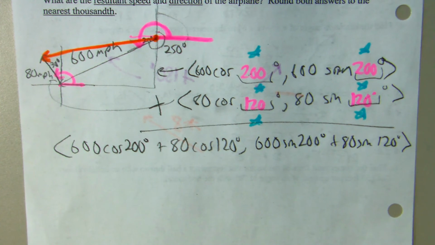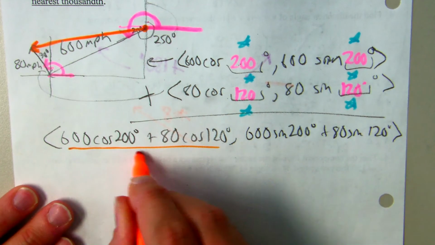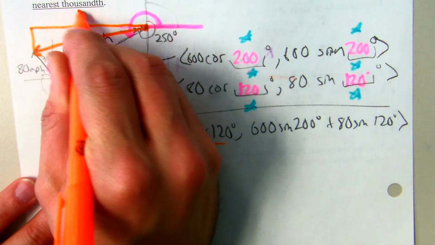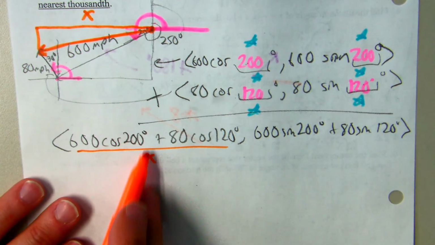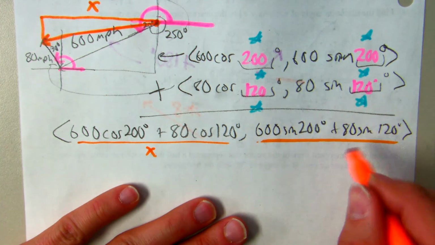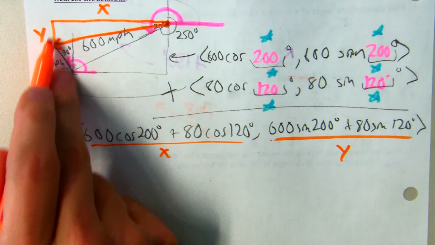And maybe most important, so that you're not getting lost in all the writing, how much in total it goes left or right should be able to be visualized in your picture right there. Going that much to the left. I'm going to store that as X in my calculator. This is the total of how much is going up or down. And if you've got your picture there, you can visualize that.